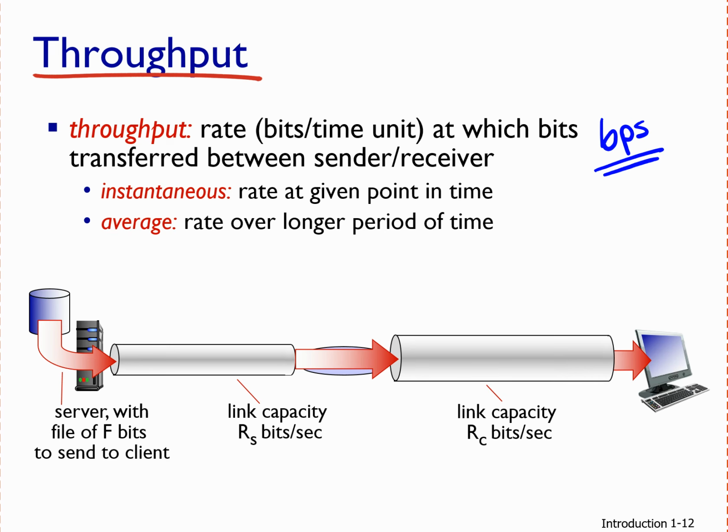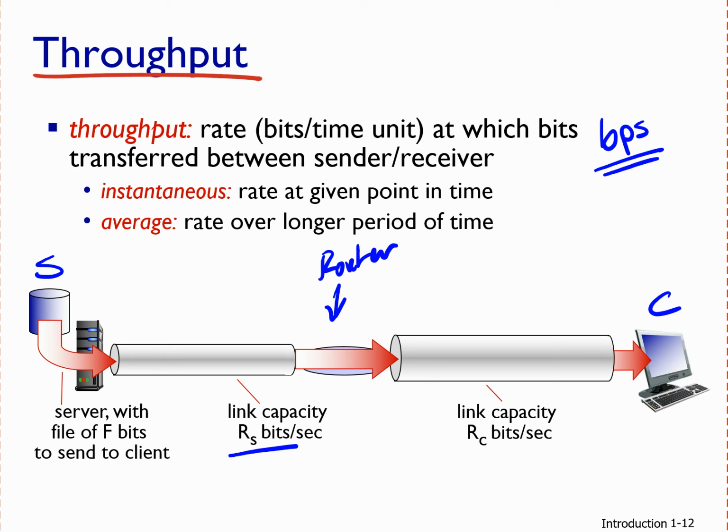Let's look at this example down here. We have a server and we have a client. The path between the server and client has one router. They're not directly connected, so they have to go through a router. Every connection has a link, and every link has a capacity.